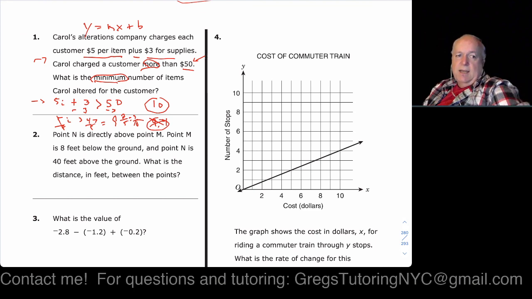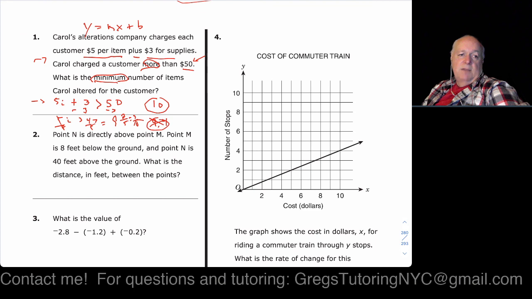We're not dealing with partial items here. All right. So that's 10. So this basically dealt with doing an inequality based on the equation of a line. That's the underlying concept and topic going on there. And again, we can feed the 10 back in.